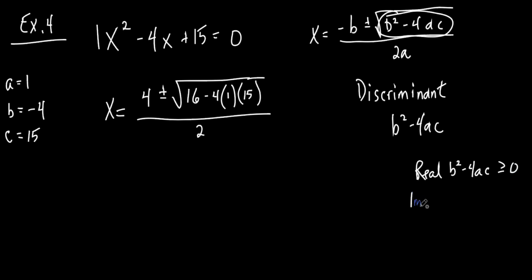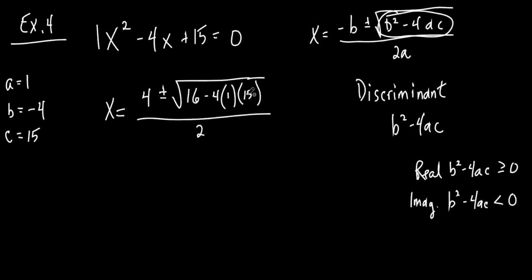What if you get an imaginary number? What would the discriminant have to be to get an imaginary number? Well, to get an imaginary number, that means you're taking the square root of a negative number, correct? So b squared minus 4ac must be less than 0 if you're going to get an imaginary number. So you can kind of get an idea before you even throw the numbers in of what this is going to be.